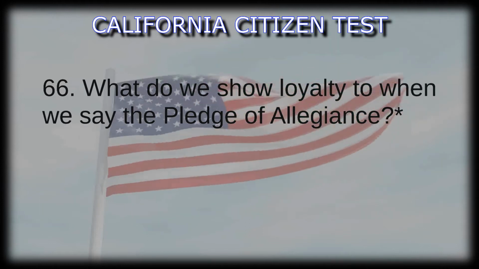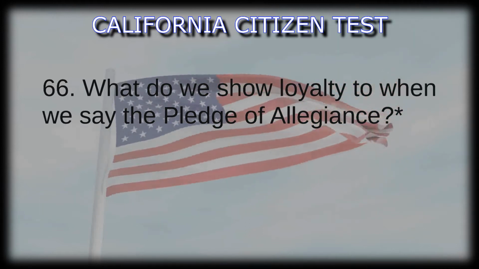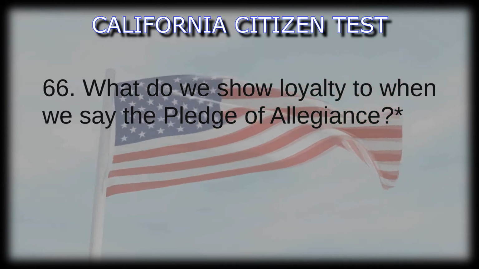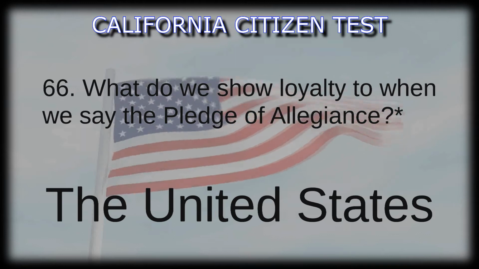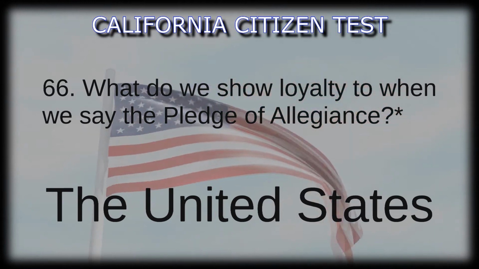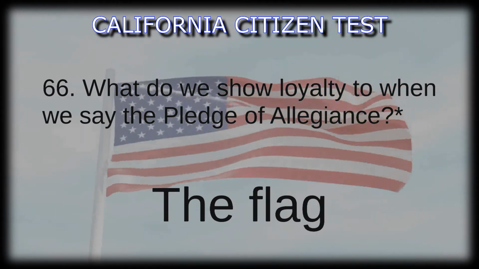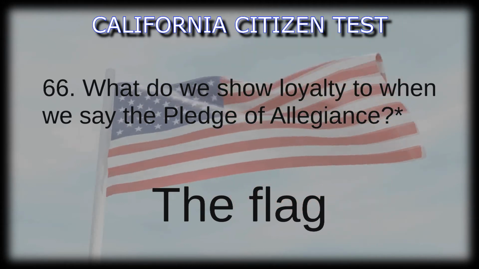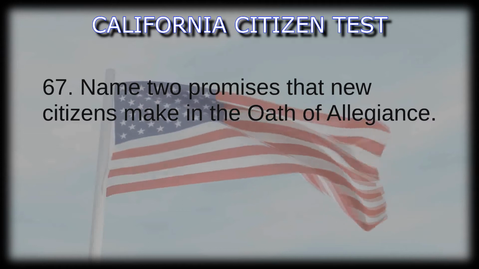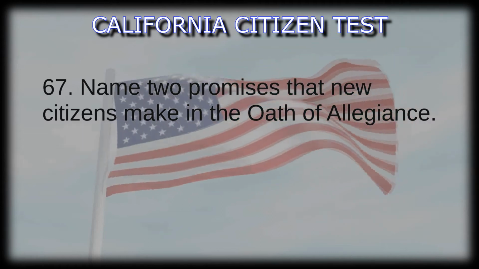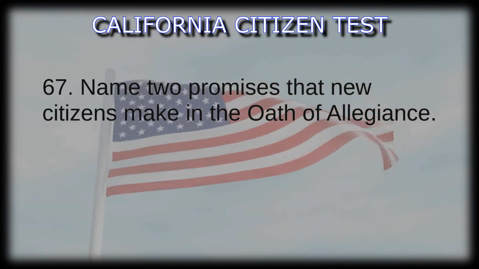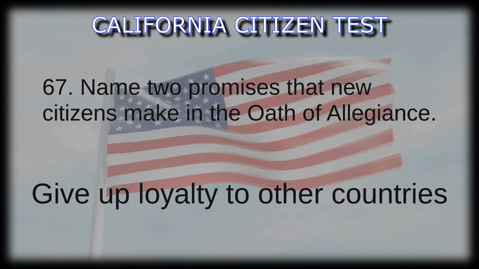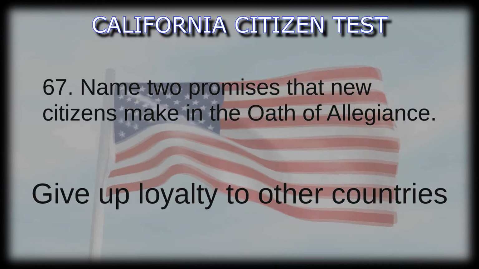66. What do we show loyalty to when we say the Pledge of Allegiance? The United States. The flag. 67. Name 2 promises that new citizens make in the Oath of Allegiance. Give up loyalty to other countries.